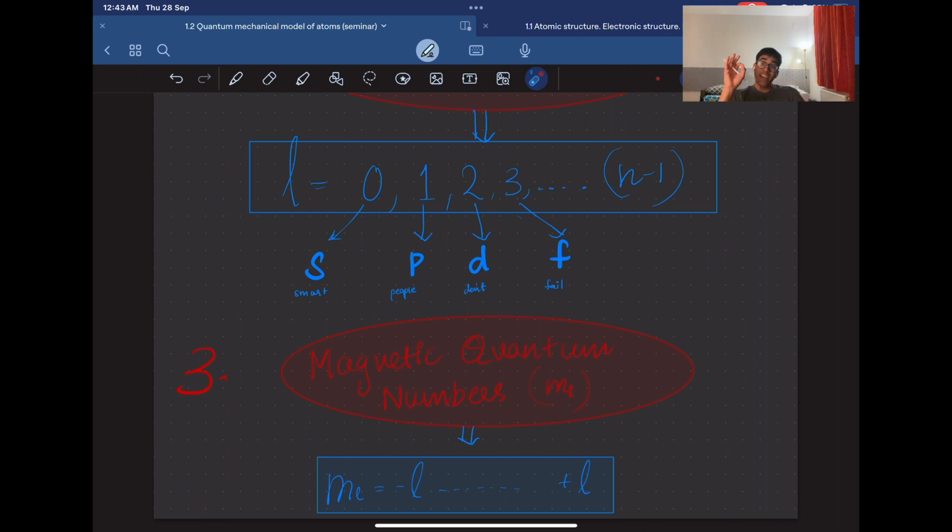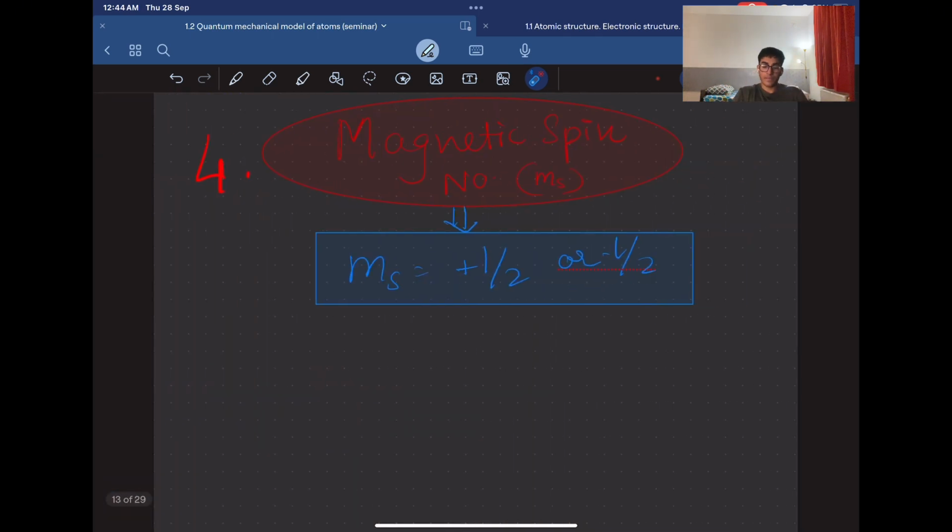Now, if l is 2, then m_l will be from minus 2 to plus 2. That is basically minus 2, minus 1, 0, 1, 2. All these values apply. This also helps us to tell the number of orbitals in a subshell. When I'm going to be drawing the orbital diagrams, it'll help you. I'll explain to you why I'm saying that.